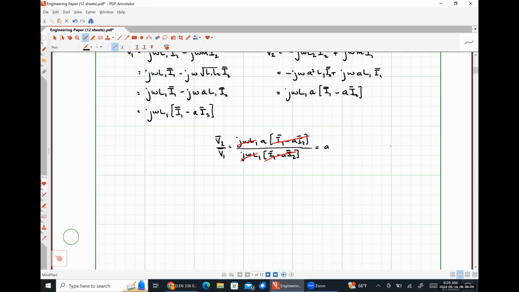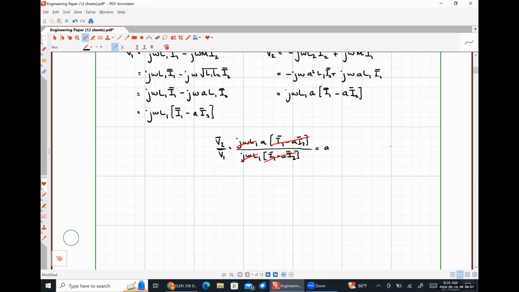So we could say pretty easily here that V2 is simply equal to A times V1, or alternatively, we could say that V1 is equal to V2 divided by A. So in an ideal transformer, knowing one of those two voltages and our turns ratio immediately gives us the other with literally no more work.